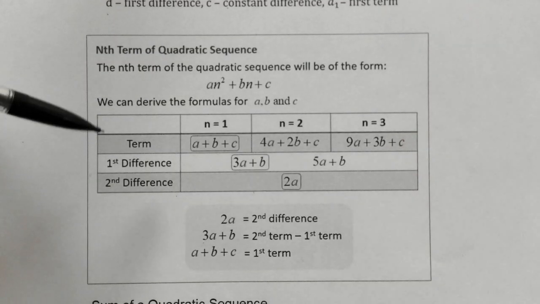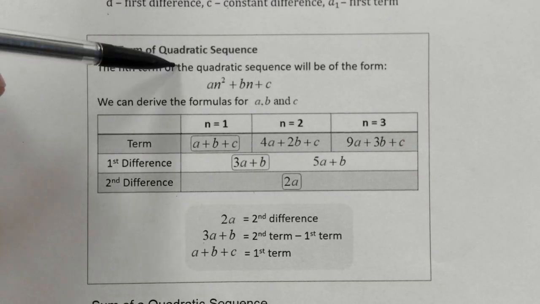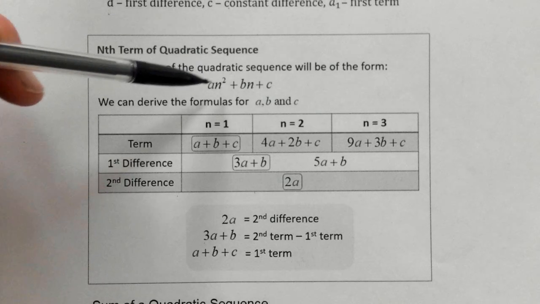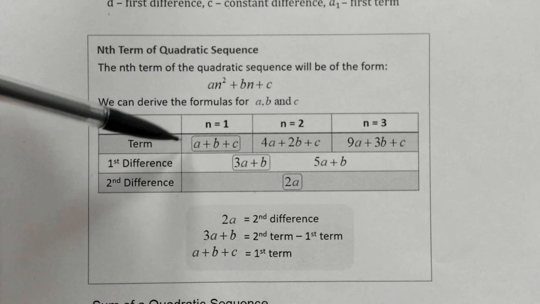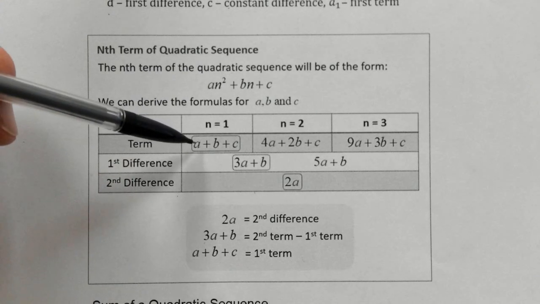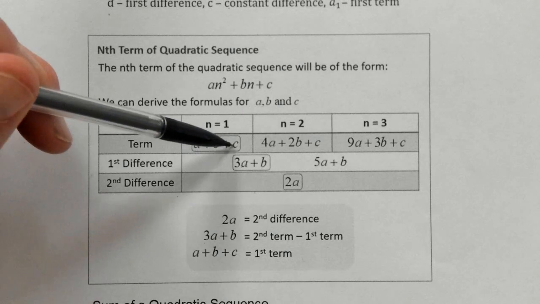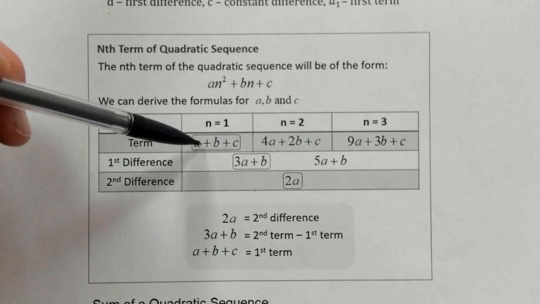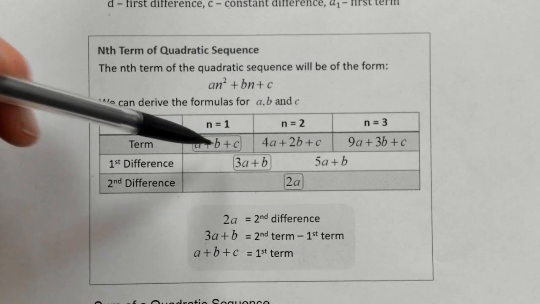Now, you can use this formula to get the explicit expression, or you can use this method. When you've got a quadratic sequence, if you've got A plus B plus C, the sum of those three constants would be the first term.